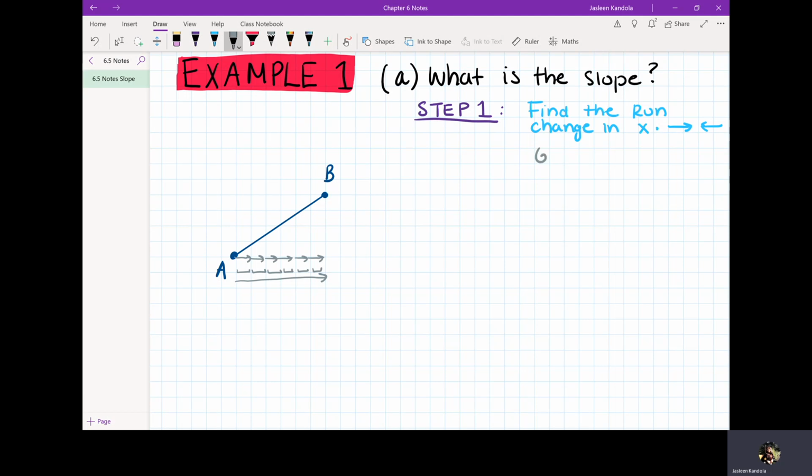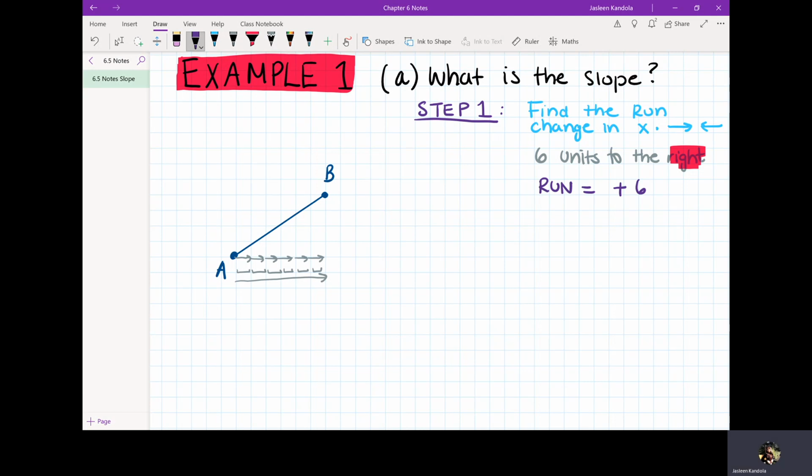Since I moved to the right, that means it's positive. If I moved to the left, that would have meant negative. So since it's right, we have run equal to positive 6.